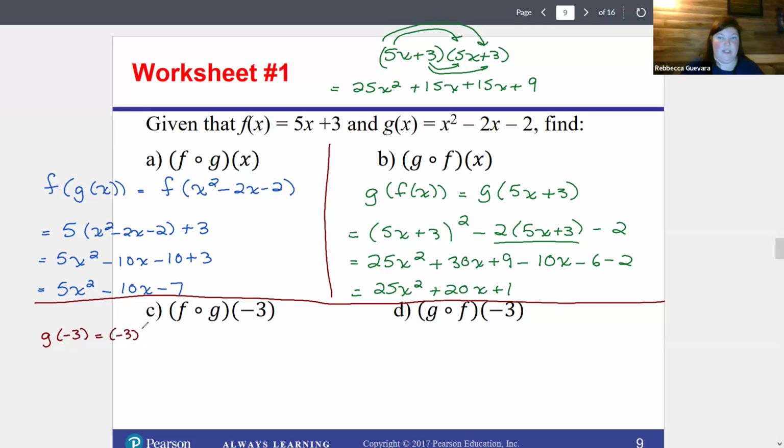So negative 3 squared minus 2 times negative 3 minus 2. So it'll be 9 plus 6 minus 2, or let me see, 15, so 13. That's going to be 13. So f composed with g of negative 3 is just saying I would need f of 13.